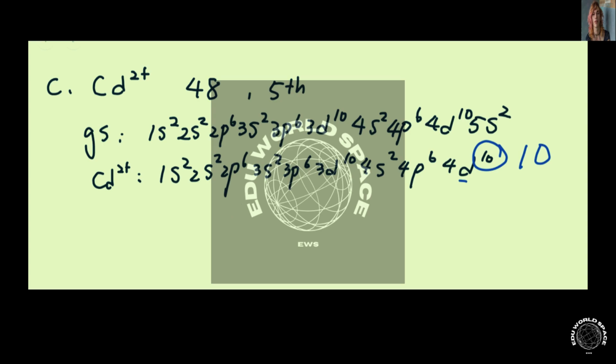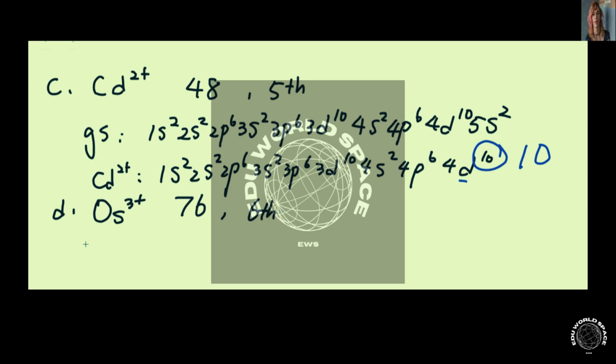Now the last one, part D, we have osmium 3+. So the atomic number for osmium is 76, and it's in the 6th period transition element.